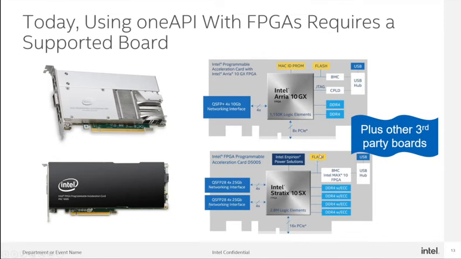So when you start working with the DevCloud and you're ready to actually run on an FPGA, these are sitting there in some of the nodes for you to run your compiled code on. And there are some other third-party boards. So if you know FPGAs well, you notice that we're missing our latest family, Agilex, with this offering. There is a third party, TerraASIC, that offers an Agilex board, and Bittware offers some boards, and there might be some that I'm missing, but there are other third-party boards that support oneAPI also.